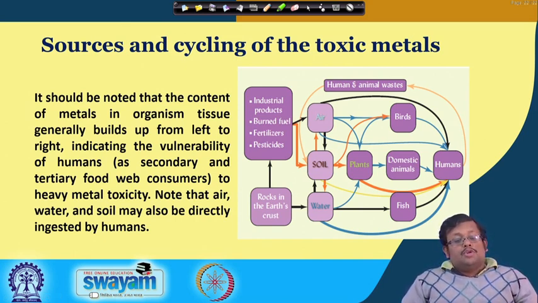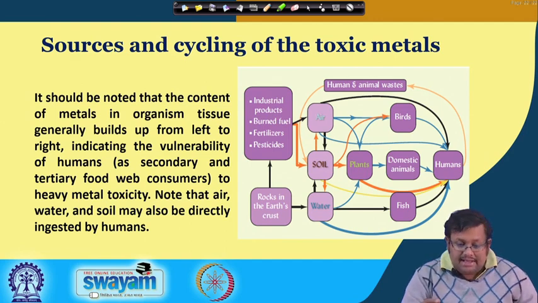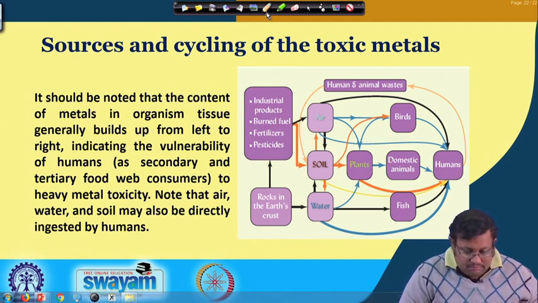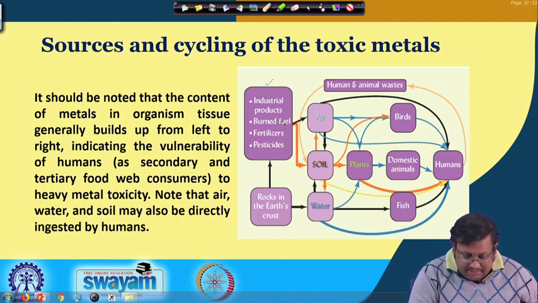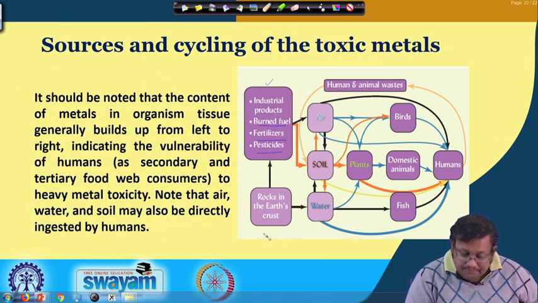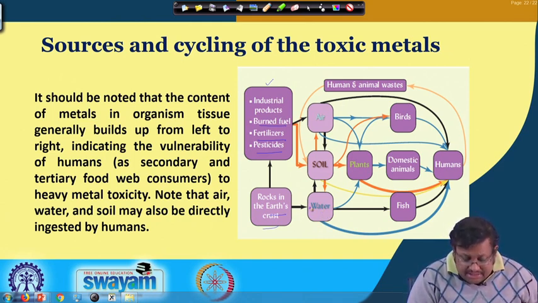This slide shows the sources and cycling of toxic metals. As you can see here, obviously these are the sources like industrial products, burnt fuel, fertilizers and pesticides, and also rocks in the earth crust. So basically the major sources are these two, and they are mixed with water.